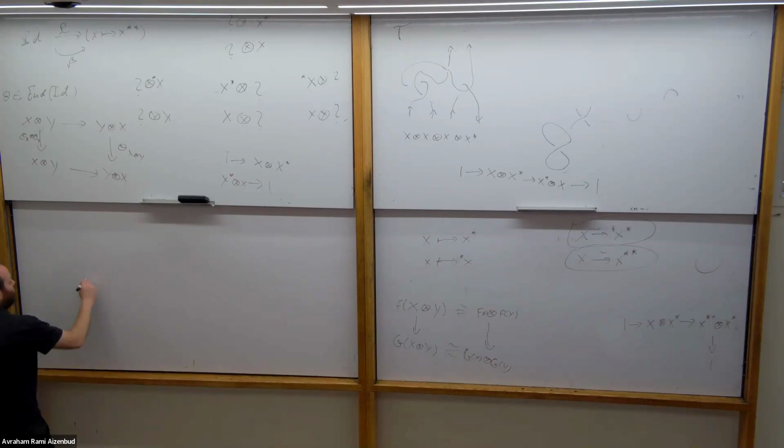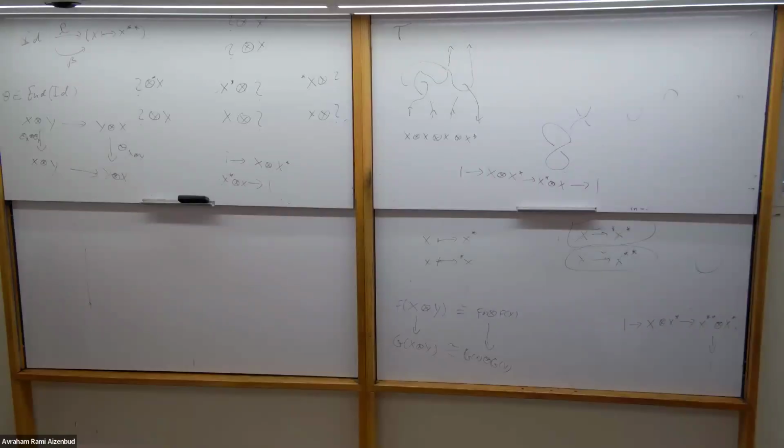So first of all, on the single generating object, the twist is trivial. It's just identity. So you have theta from a point, arrow up, to arrow up. This is just the identity morphism.